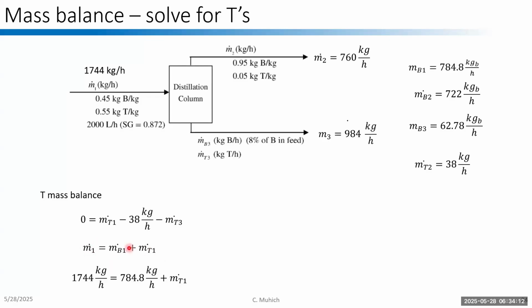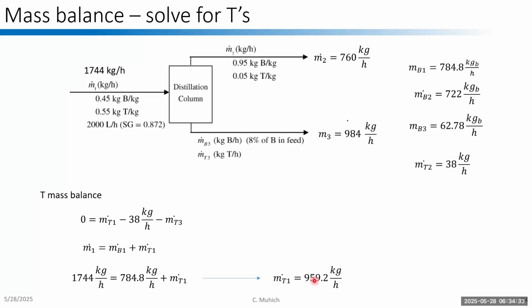Using this sort of total mass compositional space on this flow rate in, we have 1744 equals 784.8 plus MT1. Therefore, my mass flowing in is 959.2 kilograms per hour.